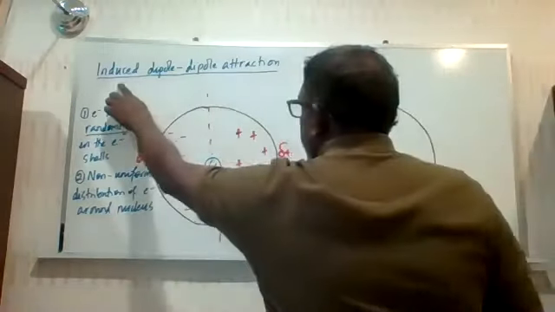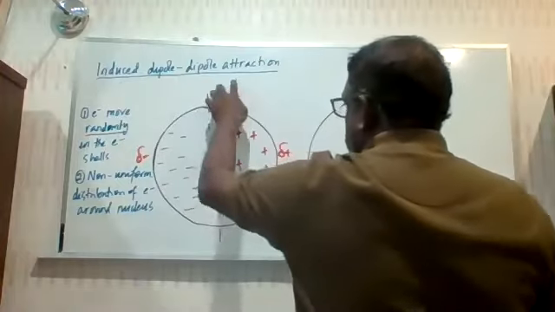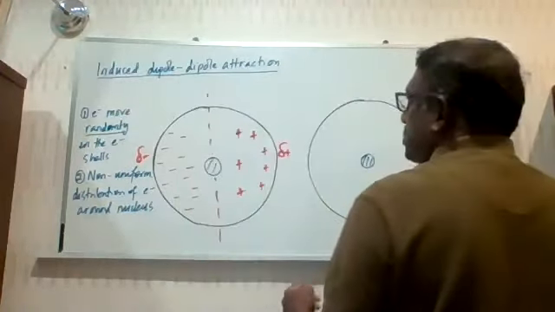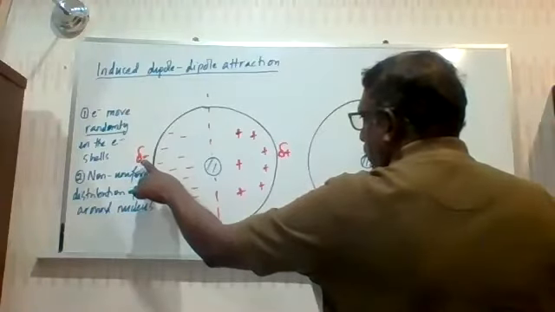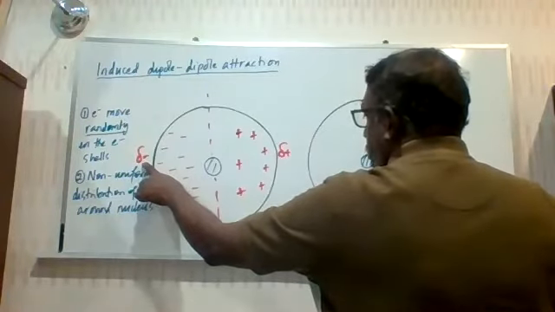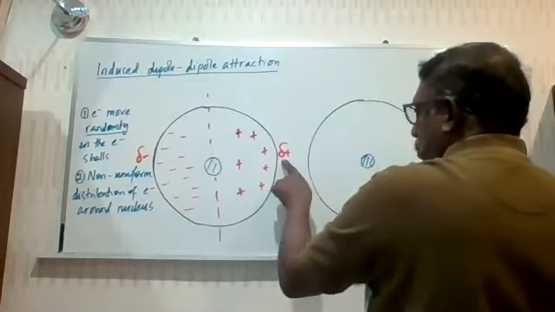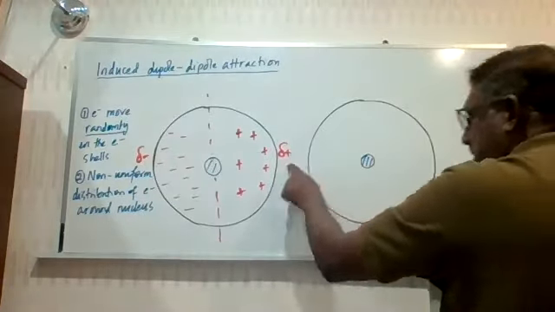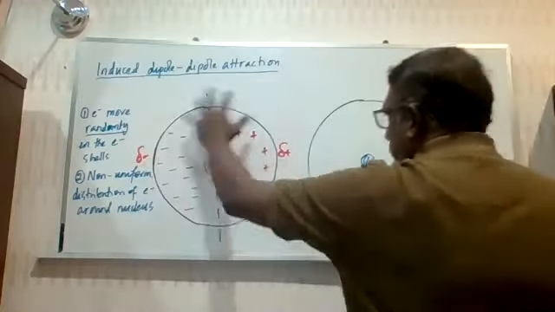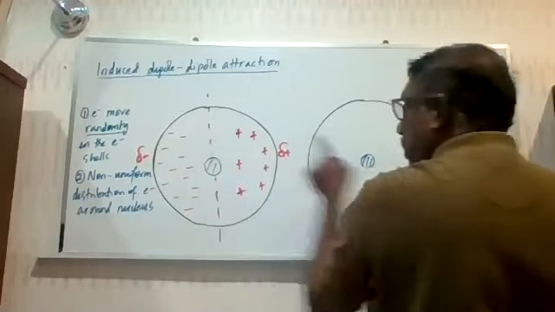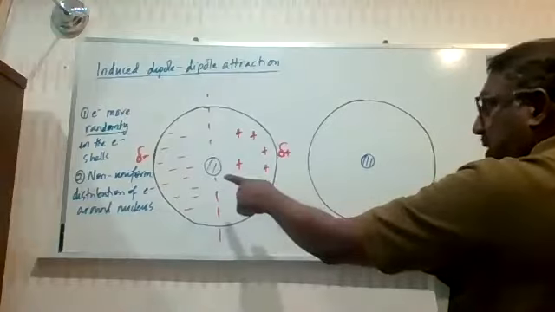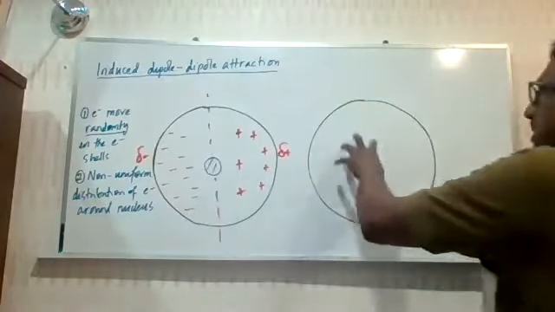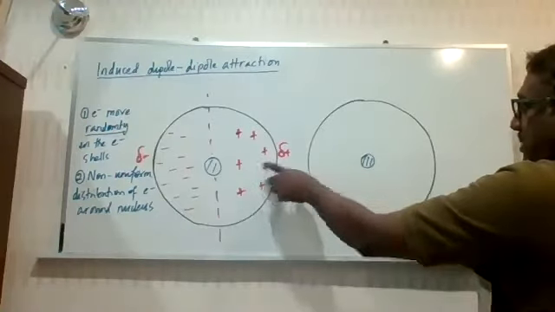And that's the meaning of induced dipole attraction. Initially it is this atom which is a dipole. Dipole means you have one end partially negative charge, another end partially positive charge. So you already have a dipole in this atom, due to these two effects. But this atom will then cause an induction because these are neighboring atoms.